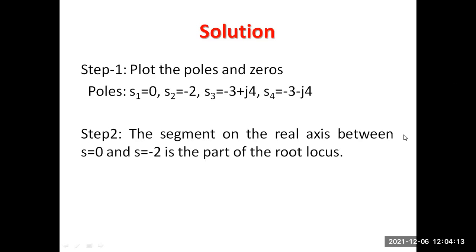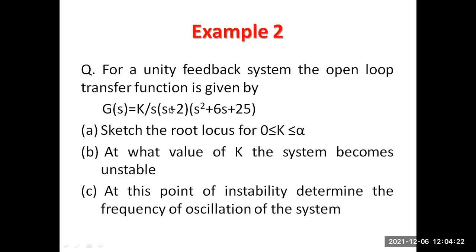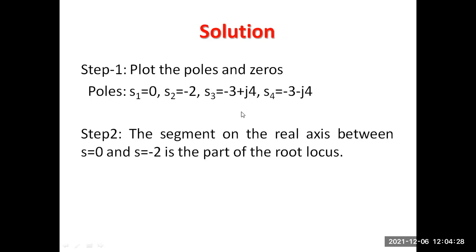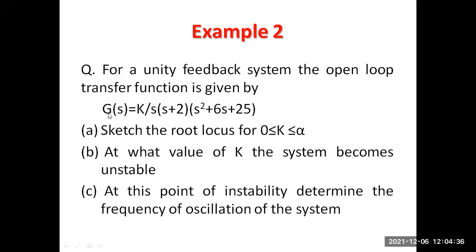So again, in the first step, we have to calculate how many poles and zeros there are. Again, the same process. At s equal to 0, there is one pole, and s equal to -2. And if you solve s square plus 6s plus 25, this gives -3 plus j4 and -3 minus j4. So these are the four poles in this particular transfer function.